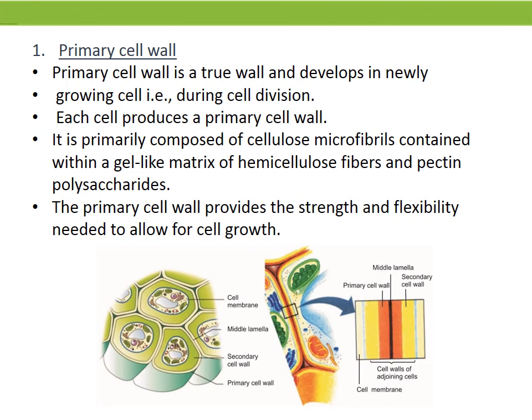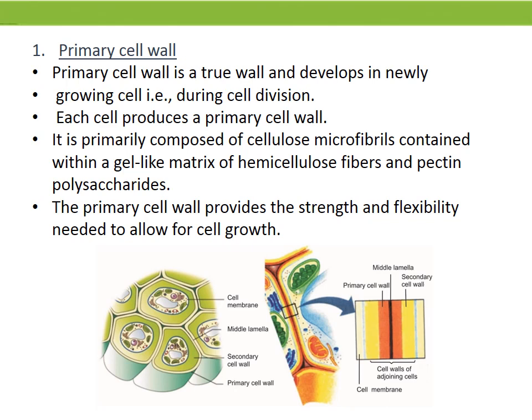So we start with the primary cell wall, which is the first part of the cell wall. The primary cell wall starts forming once the cell plate is complete. Deposition of this layer starts before cell growth and proceeds as the cell continues developing.